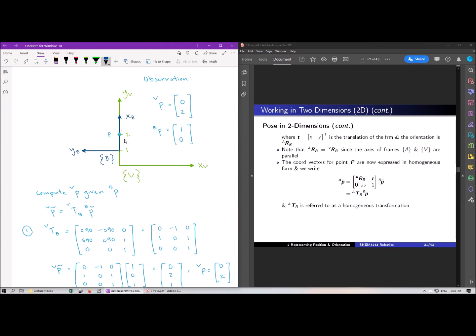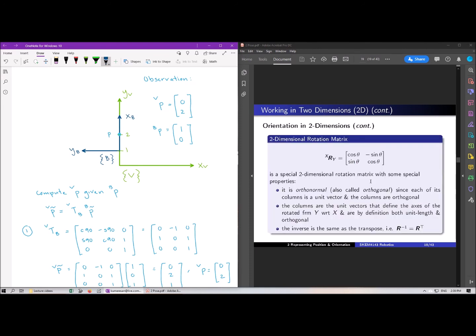You can imagine there's another coordinate frame here with the same origin, and this X is parallel with this and the Y is parallel with this. So it's clear that coordinate frame B has been rotated 90 degrees. We apply this matrix and plug in theta equals 90. C is for cos and S for sine, shorthand notation.